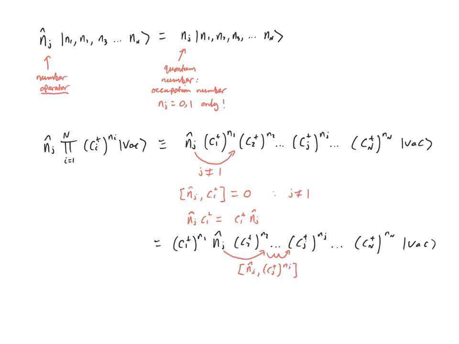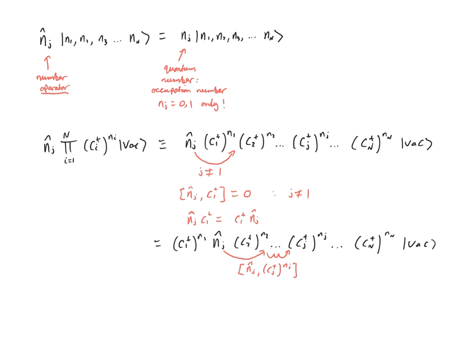This looks like a slightly funny object. So what is this going to be? Well, let's consider the case when nj is equal to 0. If nj is equal to 0, then we have Cj dagger to the power of 0, which is 1. And obviously the number operator commutes with 1. It's not an operator, it's just the number 1. So the commutator of nj with 1 is equal to 0. On the other hand, if nj is equal to 1, then I have Cj dagger to the power of 1, which is Cj dagger.